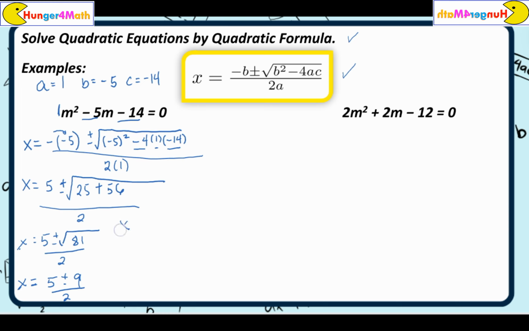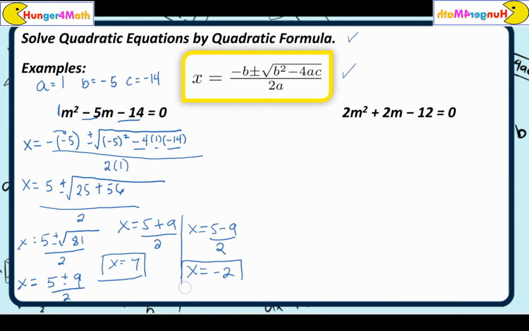That will be x is equal to 5 plus 9 over 2, and x is equal to 5 minus 9 over 2. And let's solve. x will be 5 plus 9 is 14, divided by 2 is 7. And x equal to 5 minus 9 is negative 4, divided by 2 is x will be negative 2. So here are your answers. x is positive 7 and negative 2.